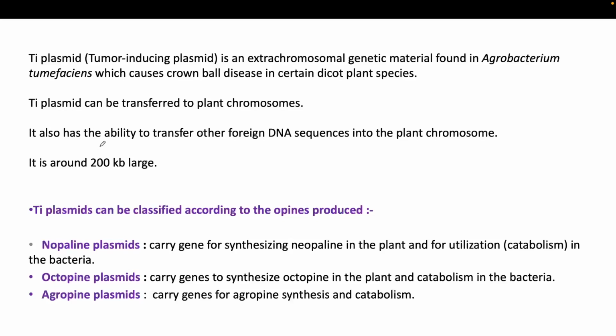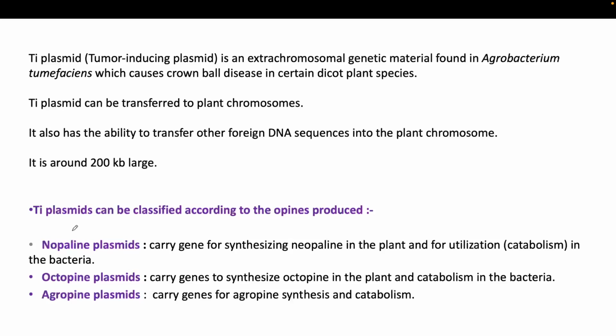It can also transfer other foreign DNA sequences: if we put foreign DNA into the plasmid, it can also be transferred into the plant chromosome. The Ti plasmid is around 200 kb in size.